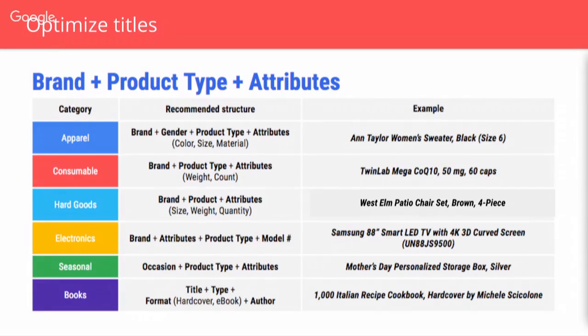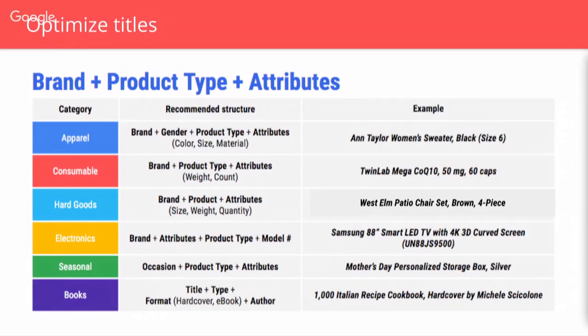That's the normal structure, but there's some variation. For the green one, if it's seasonal, then we list the occasion, then the product type, then the attributes. As an example, Mother's Day personalized storage box silver. So we're calling out that this could be a great gift for your mom.